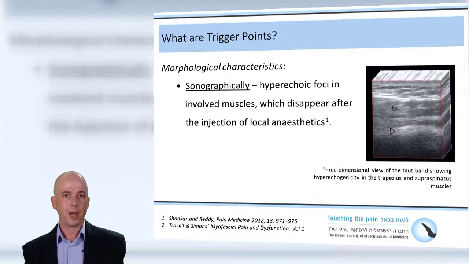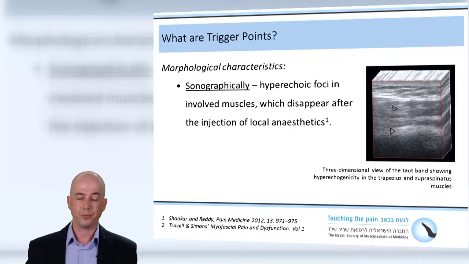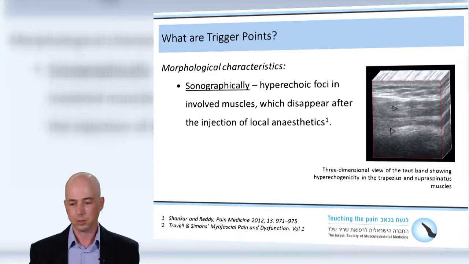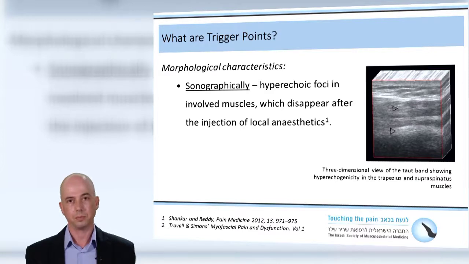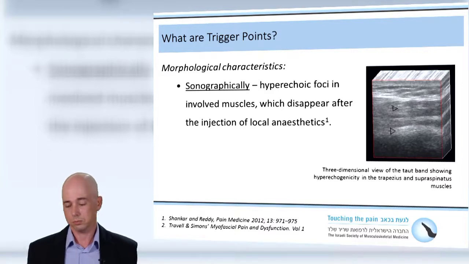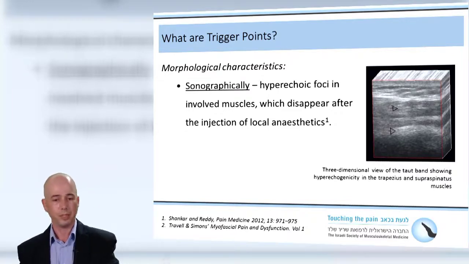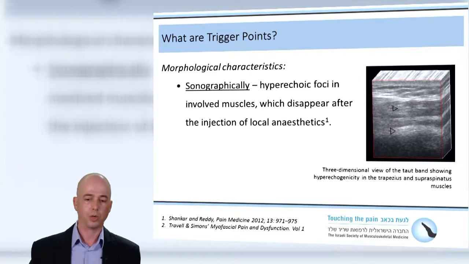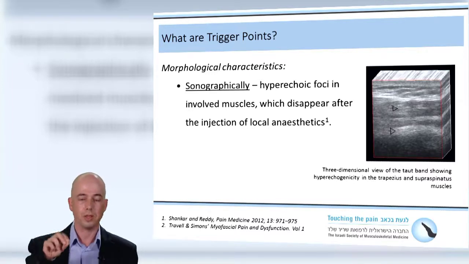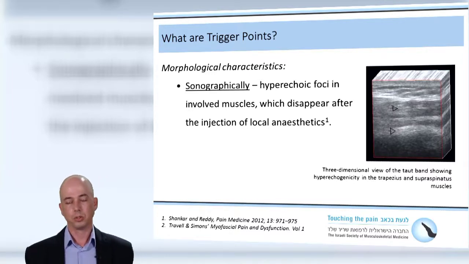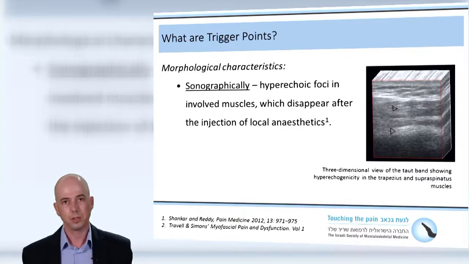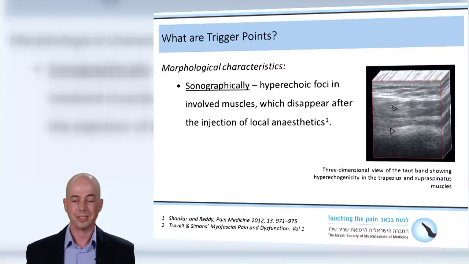Morphologically, we can now use advanced imaging techniques to see under the ultrasound the trigger points, which appear as hyperechoic foci within the muscle. And it's interesting to note that when we treat the muscle, these hyperechoic foci disappear.